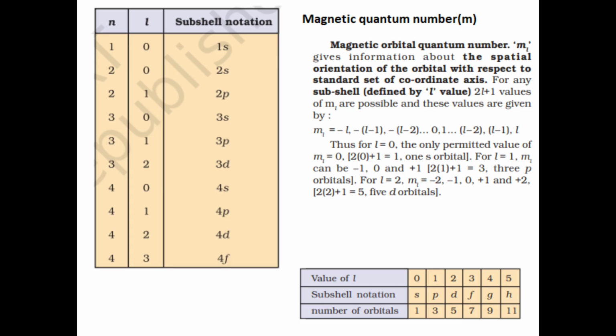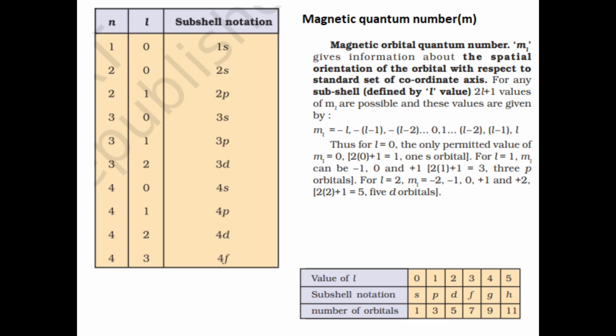Now come to the magnetic quantum number, small m. For a particular value of n and l, the number of magnetic quantum number values is defined by 2l plus 1. For any subshell of defined l value, 2l plus 1 values of ml are possible: ml equal to minus l, minus l plus 1, up to 0, and on to l minus 1, l.